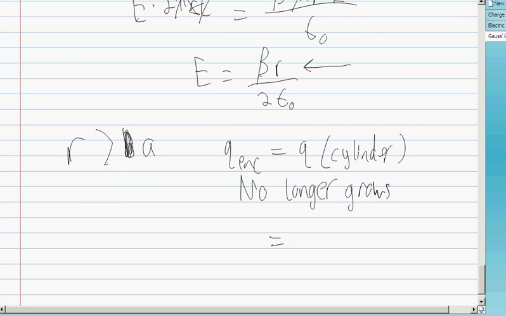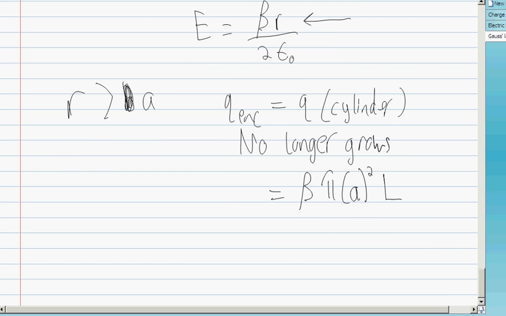It's just going to be beta times pi A squared L, which means that when we find our Gaussian surface, notice I write the little circle, that's just telling me it's a closed integral around the path.